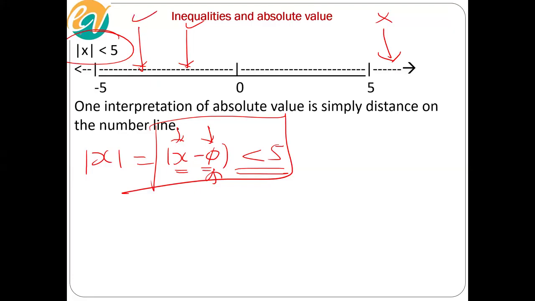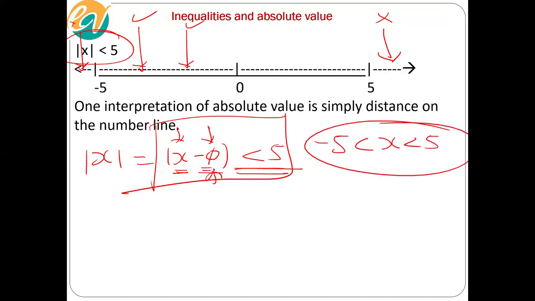Can x be, let's say, this? Not possible. So in other words, given that the distance between x and 0 has to be lesser than 5, what has to be the value of x? Between minus 5 and 5, right? So minus 5 is lesser than x is lesser than 5 is the solution.